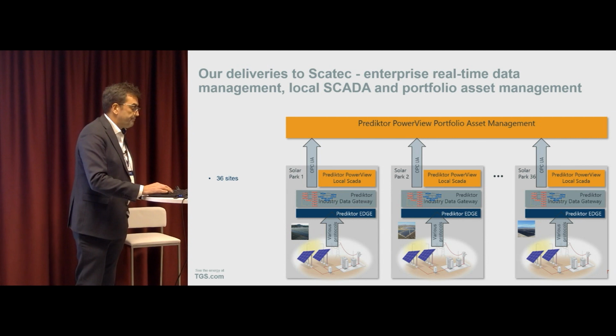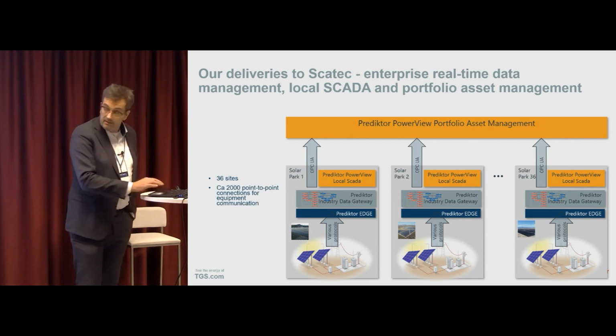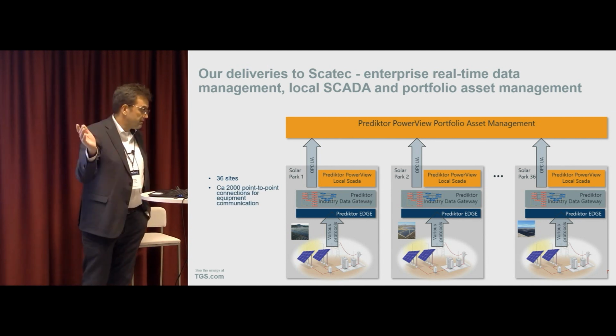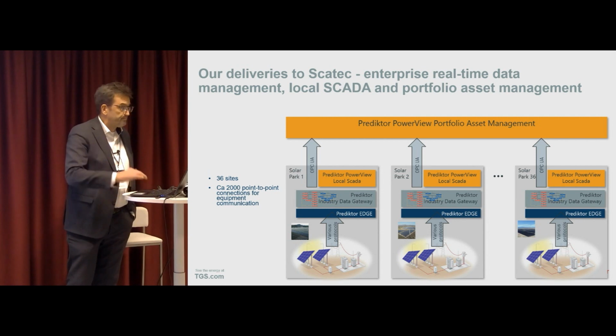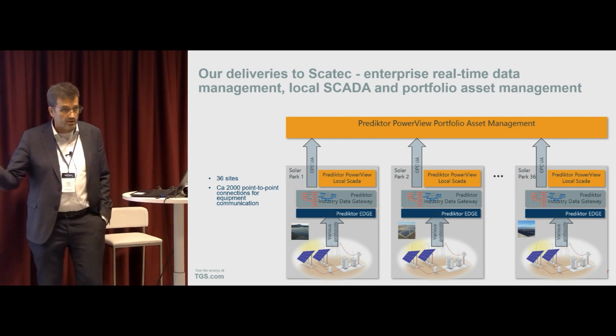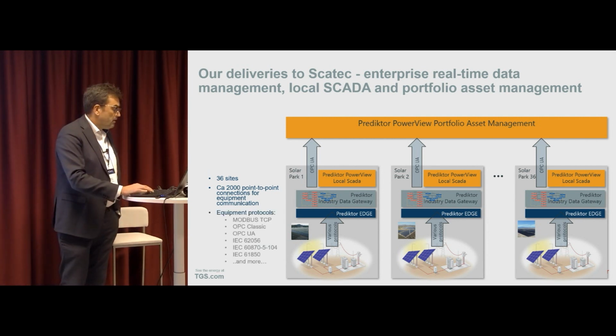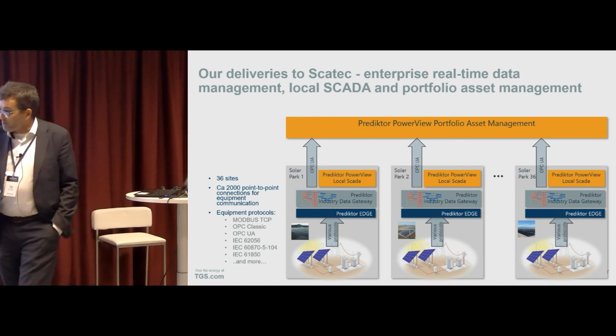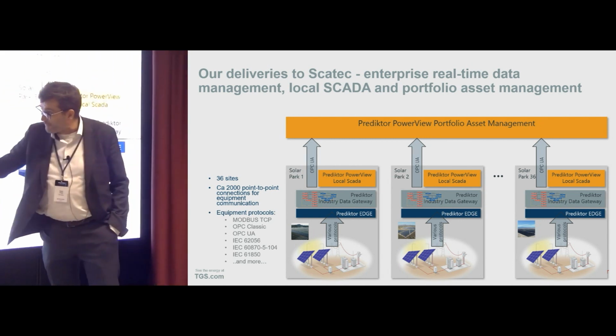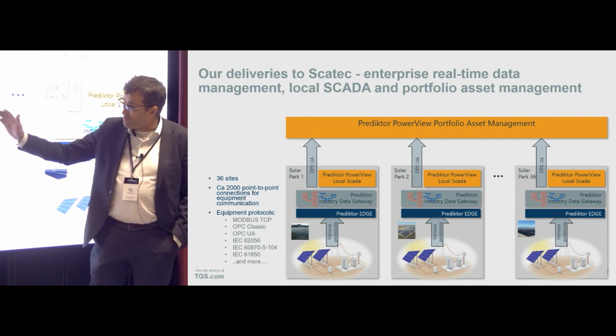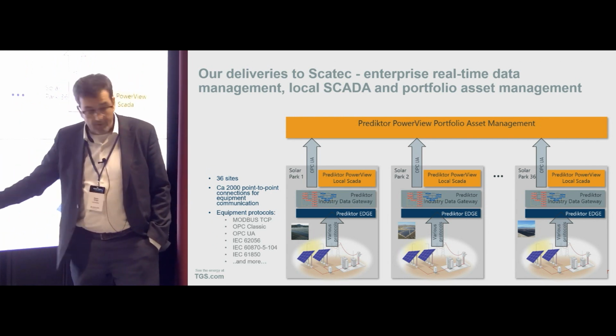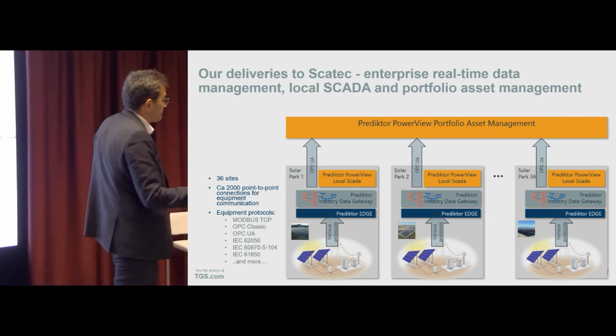So we set it up. This side had 36 sites. We counted about 2,000 point-to-point connections to all the equipment across the enterprise, and all kinds of different protocols towards the equipment out there. We have Modbus, OPC Classic, UA, various types of IEC communication specification.